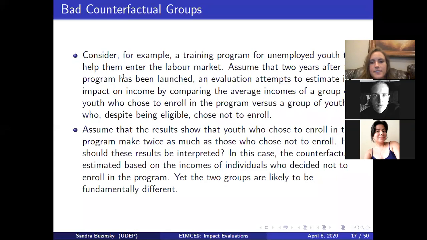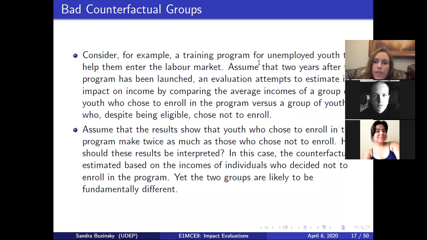Okay, let's consider an example first of a bad counterfactual group before we get going into our papers. So consider an example where a training program for unemployed youth helps them enter the labor market. It's a program where they receive training on really practical job skills so then they can find a job later.